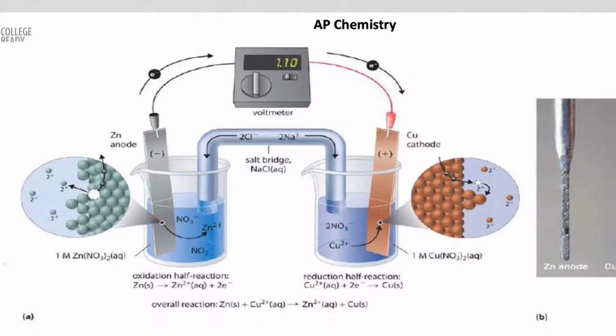So we had this balance of zinc 2 plus and nitrate ions, and once more zinc 2 plus is going into the solution, the amount of nitrate ion is not changing, so we basically have this buildup of extra positive charges. This extra zinc 2 plus is going into the solution.